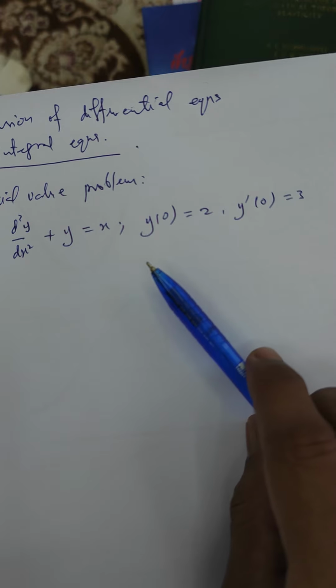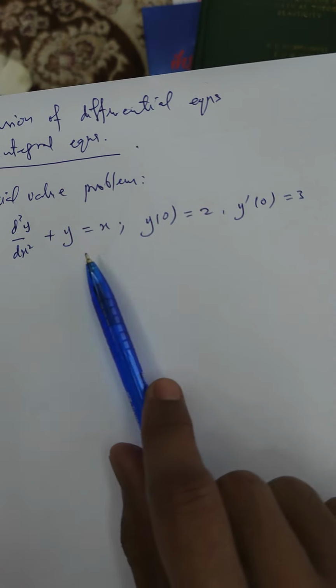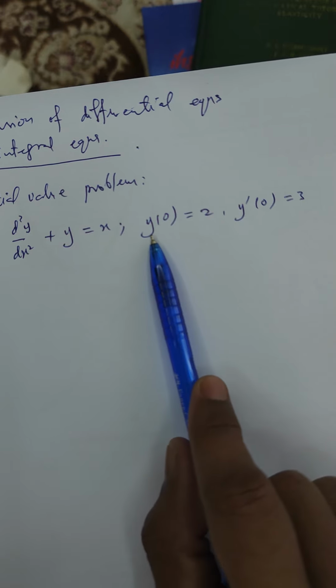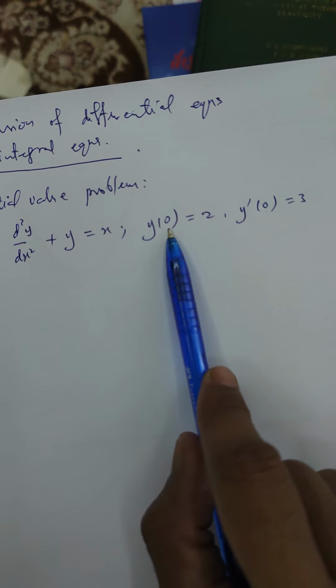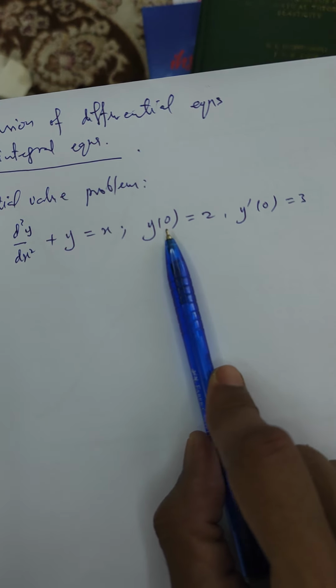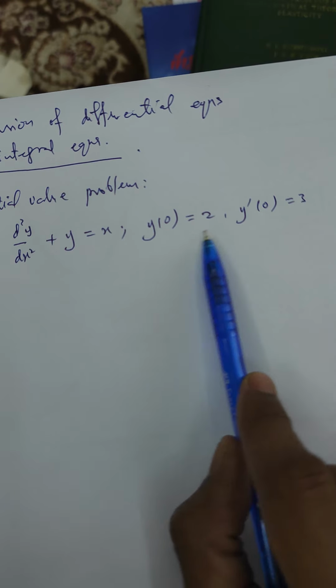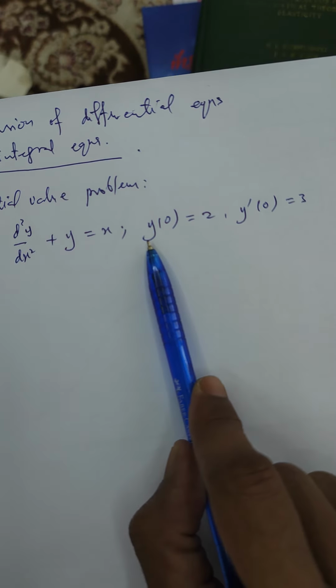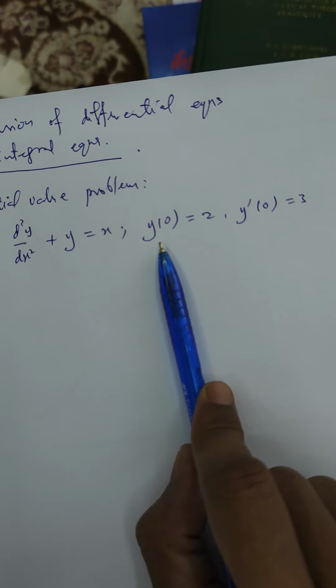In this case, we can see that the condition involves the dependent variable y and its derivative, whereas we fix the independent variable. The independent variable is 0, whereas the one that changes is the dependent variable y and y prime.